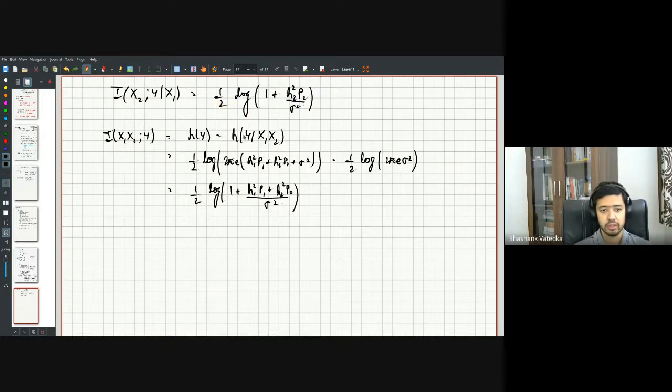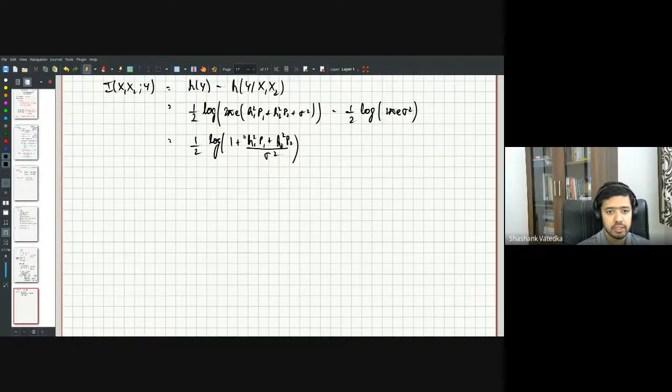Right, so once again, let's also evaluate the following quantities: I of x1 y and I of x2 y. I of x1 y is h of y minus h of y given x1.